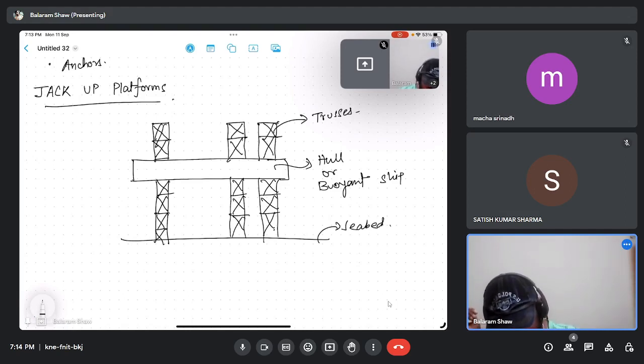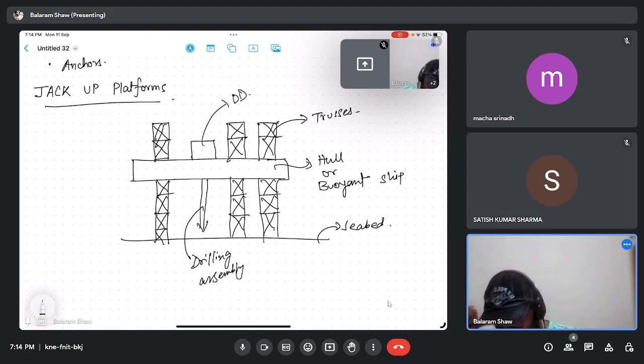And here the drilling derrick will be there, and from here whatever drilling assembly we are putting, this will be the drilling assembly, and this will be the drilling derrick. Okay, and there will be several other required things, cranes and all.